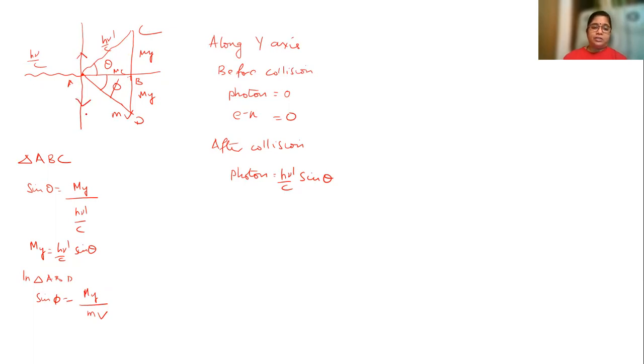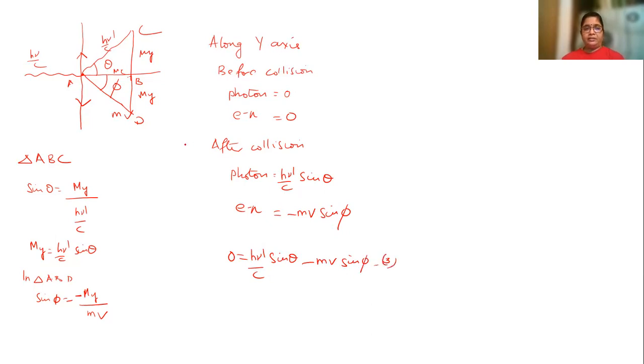Both are in opposite directions, which means this has to be minus py. So for electron it is equal to minus mv sin phi. Let us take the conservation of momentum equation along y-axis. Total momentum before collision is equal to total momentum after collision. So you can write 0 is equal to h nu dash by c sin theta minus mv sin phi. I am going to call it equation 3.